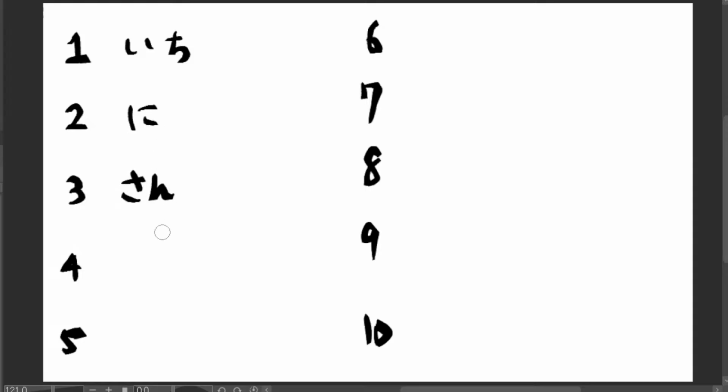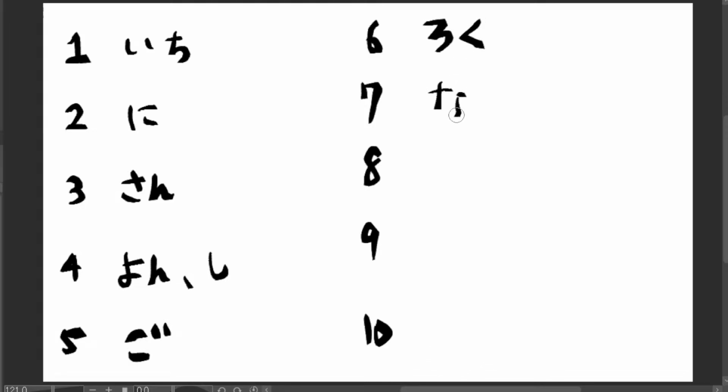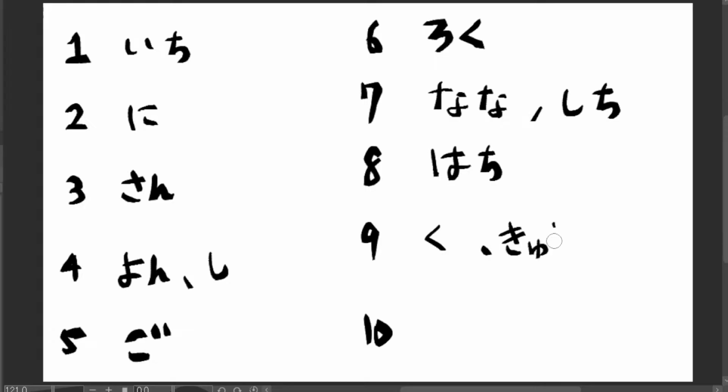What you have to be careful with is that numbers 4, 7, and 9 have two ways of reading.